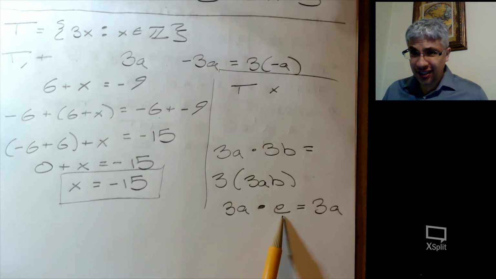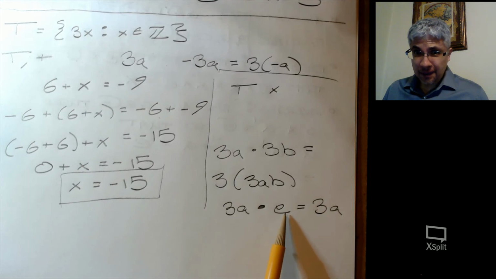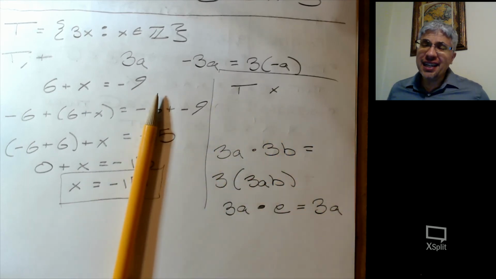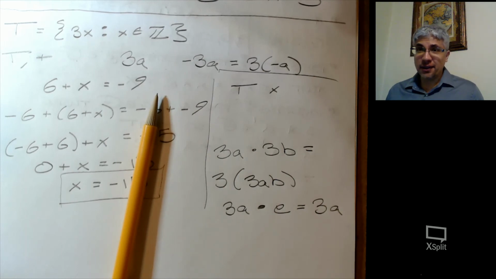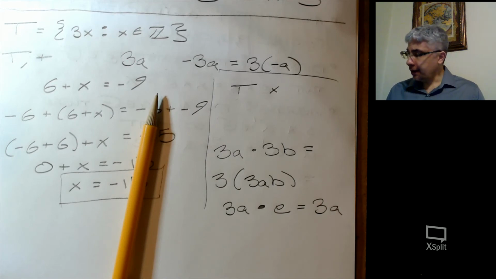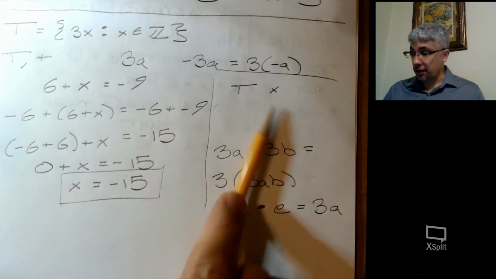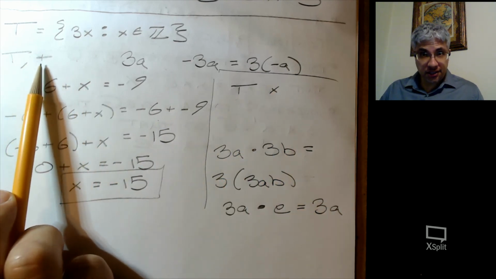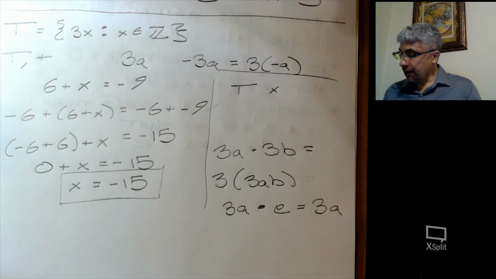The only e there that works is 1, but 1 is not in T. So we need an element outside of T if we want to map things back to themselves by multiplying. So this is not going to be a group, though T under addition is a group.